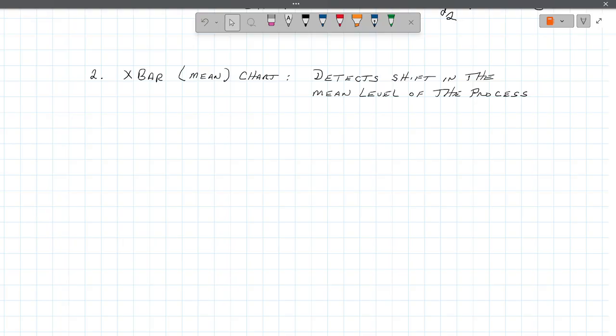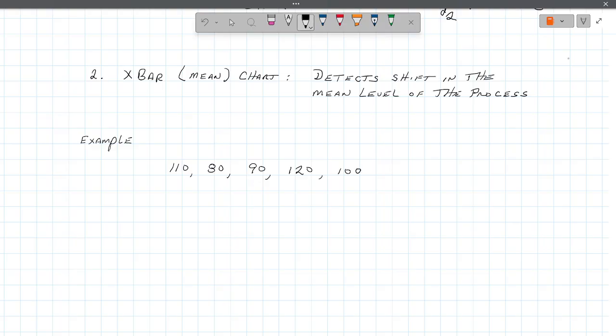So here are the example numbers. We've got 110, 80, 90, 120, 100.